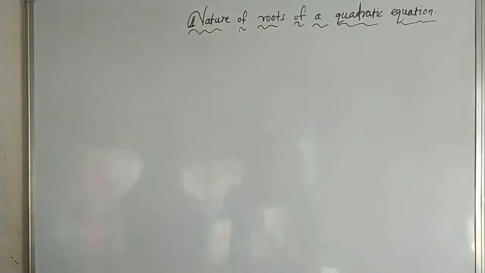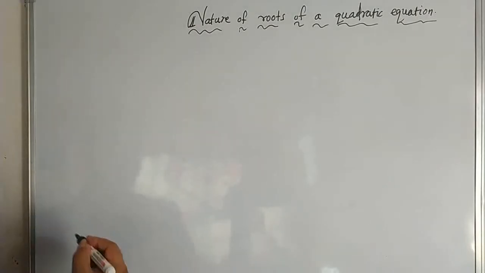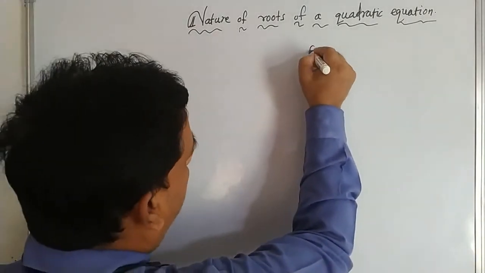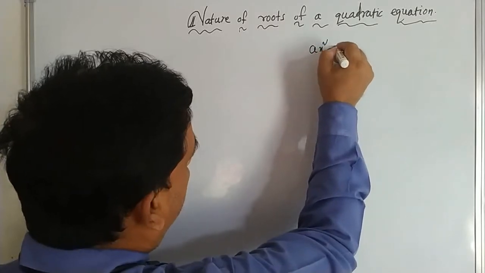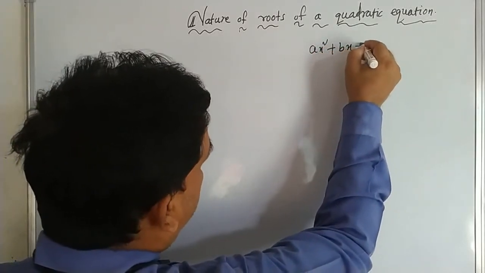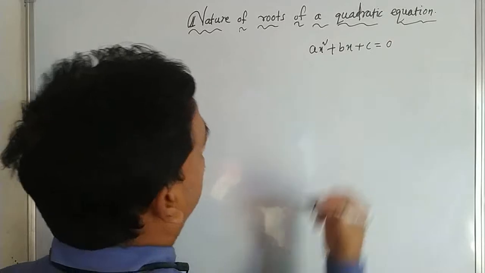Okay, so already in the last chapter, I told you about the quadratic formula for ax squared plus bx plus c is equal to 0.